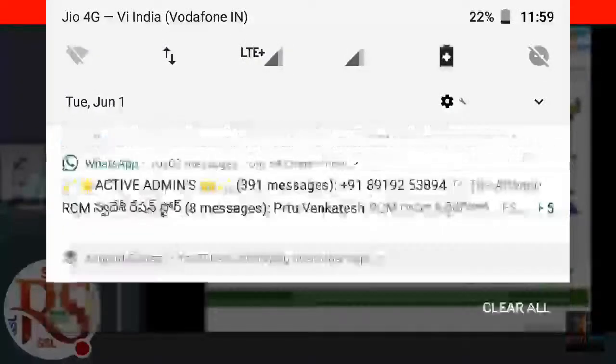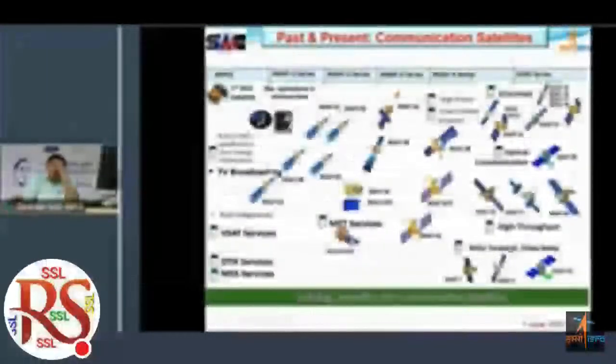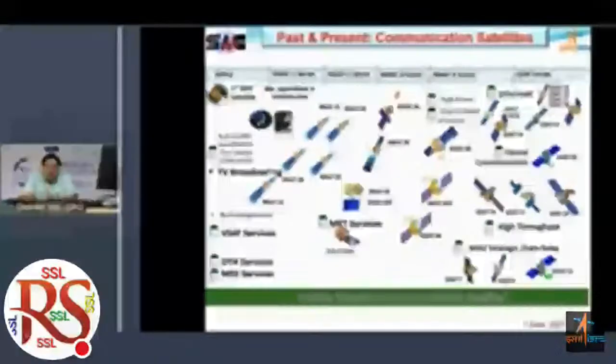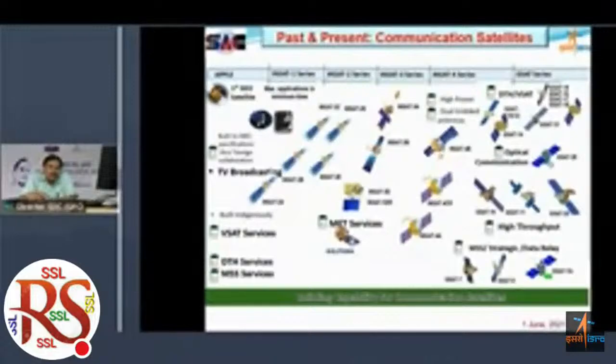And each TV channel will occupy around 3 to 5 megahertz of bandwidth. Now, if you see our previous satellites, the INSAT 1, 2, 3, 4 series, one transponder or one communication channel can accommodate 36 megahertz of bandwidth. So if I need 3 to 5 megahertz for one channel, that means I can accommodate only 10 to 12 channels in one satellite transponder.